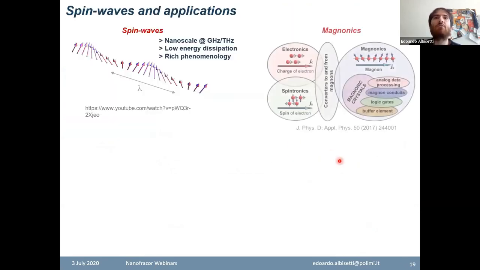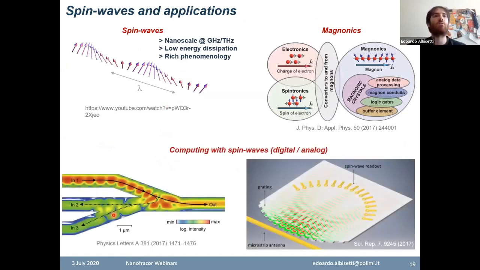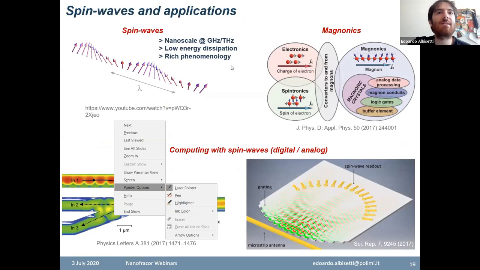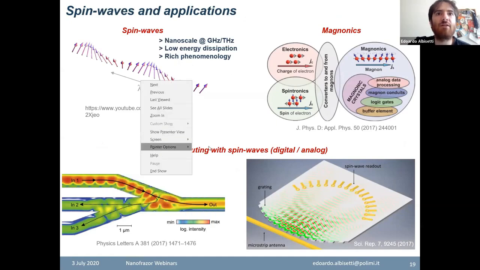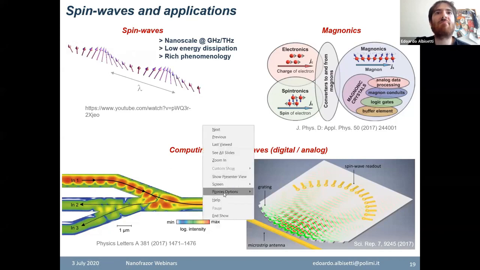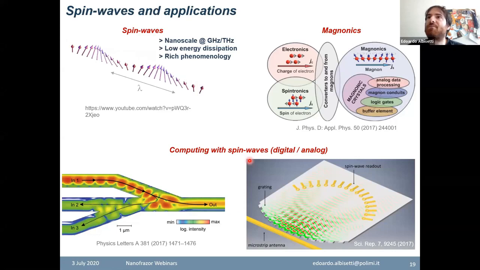Now we come to the main application that we investigated so far. Let me see if I can start the video here. Okay, that is spin waves. Spin waves are propagating perturbations in the spin texture of magnetic materials.